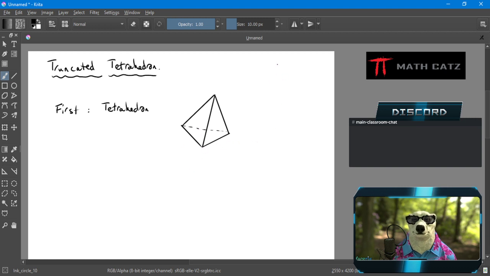The other way with the triangle facing me and the dotted lines at the back is not wrong, but it doesn't help me to look at the back as easily. So I like a front-facing vertex to work with to figure out what happens in the truncation. So this version of the tetrahedron is maybe a little bit nicer.